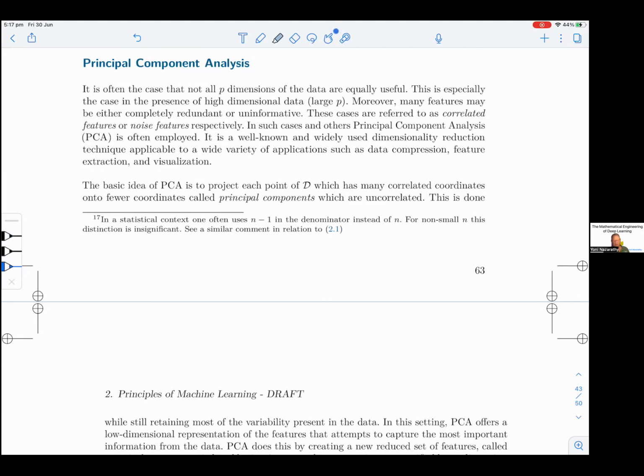Each new n-dimensional vector, X tilde i, is a linear combination of the original features. The coefficients of this linear combination can be organized in the vector v i, with entries v i1 to v ip, which is called the loading vector for i. Thus, X tilde i is X, the demeaned data matrix X, times v i. This can also be represented for all the reduced features and loading vectors together.